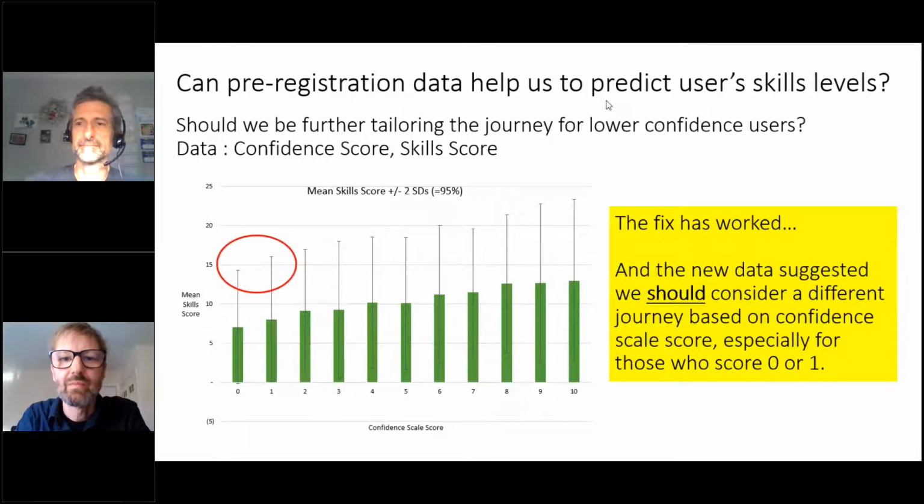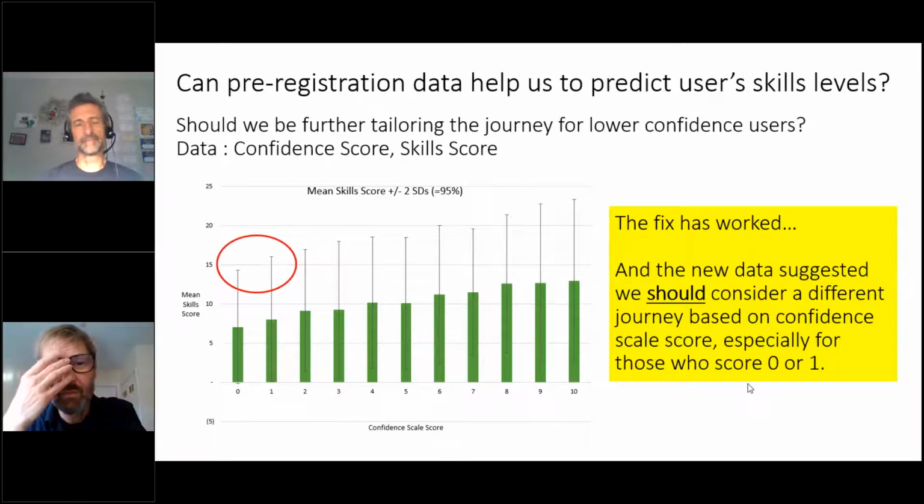One, why did you decide to do that? And secondly, what advice would you give to other organisations who need to decide what data to collect?